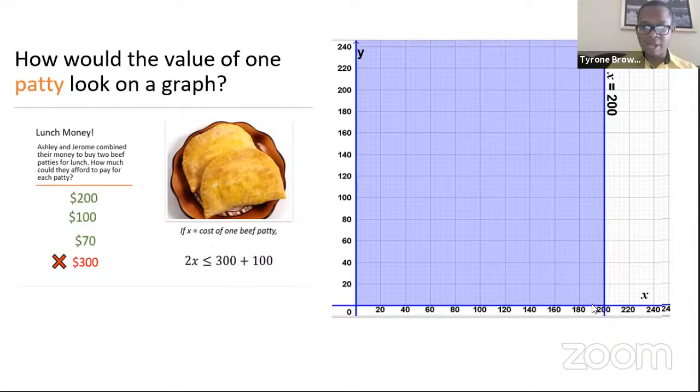So you're realizing that we are talking about all of these as possible costs for the patty, right? So the patties could cost 160, 120, 80, and so on. And in an ideal world, the patties would cost $20. So when we are talking about inequalities, we are talking about our region. Good, and I'm hoping the students are seeing that.